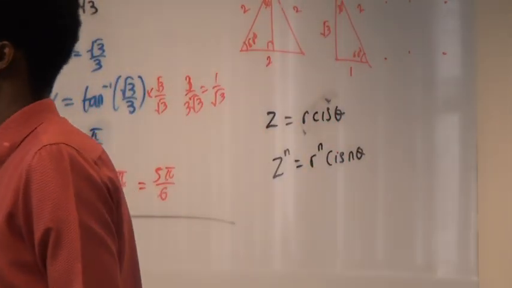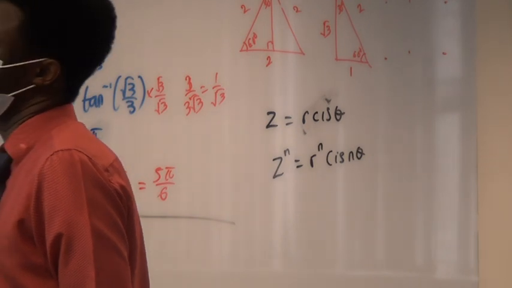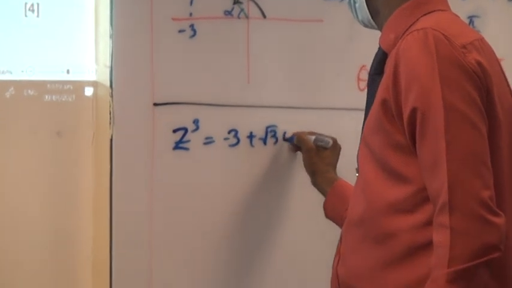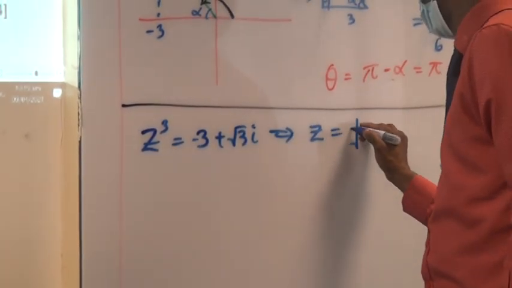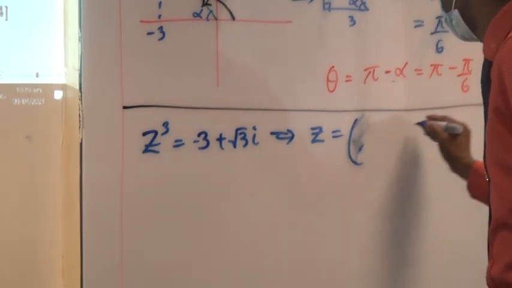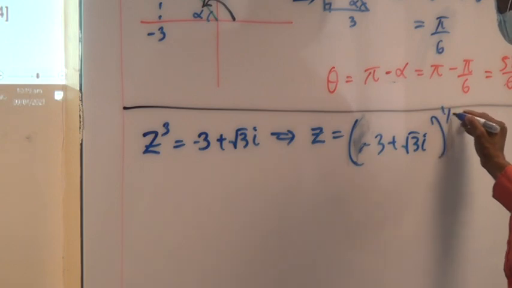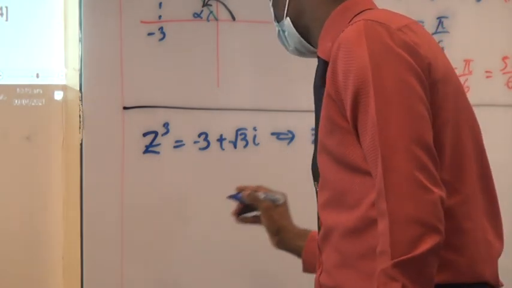So again, if you have z cubed is equal to this complex number that we have been dealing with, so automatically z is equal to the cube root of that. So we can say the complex number raised to power 1 over 3, something like this. So you recall your square root of a complex number.